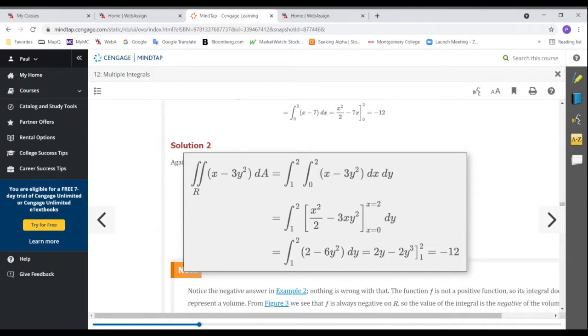It only works when you have constant limits for x and y. And sometimes you're going to see you get negative 12 again. Sometimes it's easier to integrate with respect to one variable first as opposed to another variable.